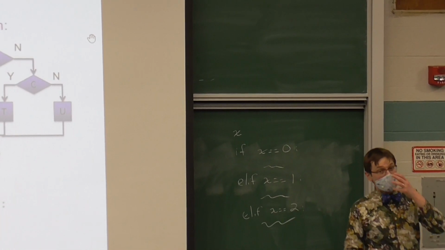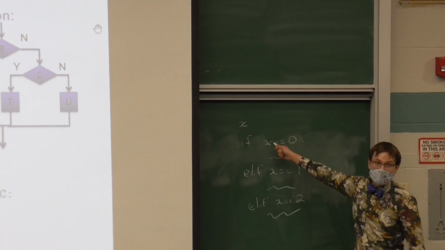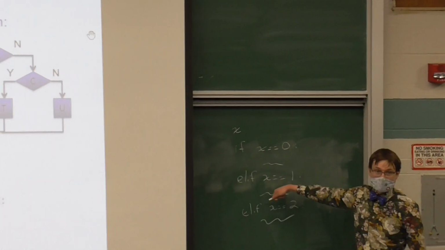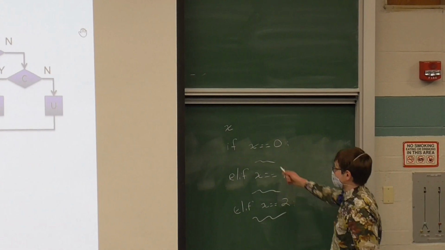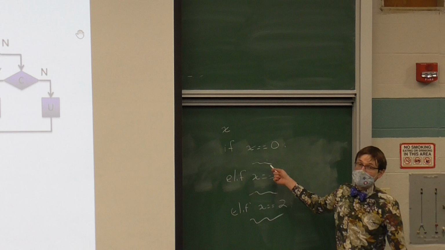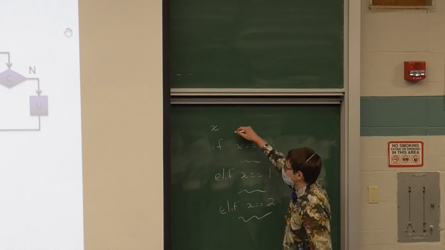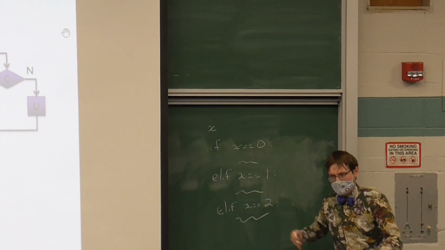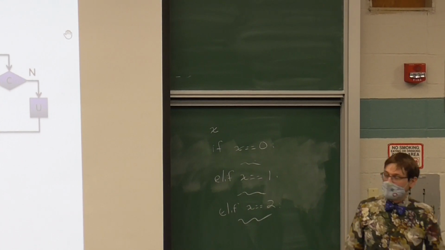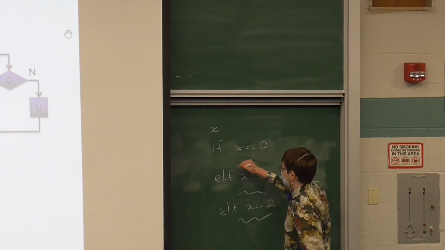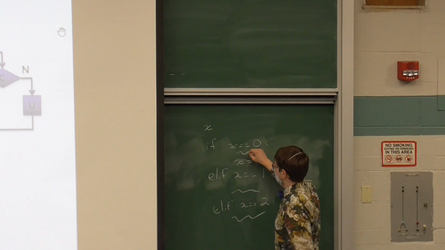Now, you could make the argument that you don't actually need to use elifs here, but the problem that it answers is what if x is modified in here, right? Let's say you were trying to have different cases based on the value of x, but at the end of this you set x equal to 2.